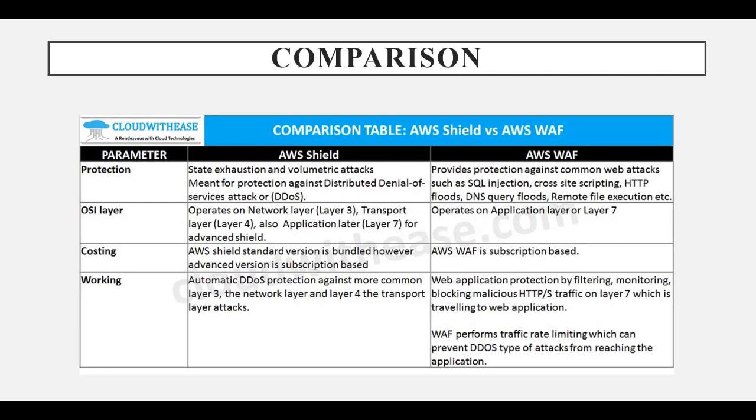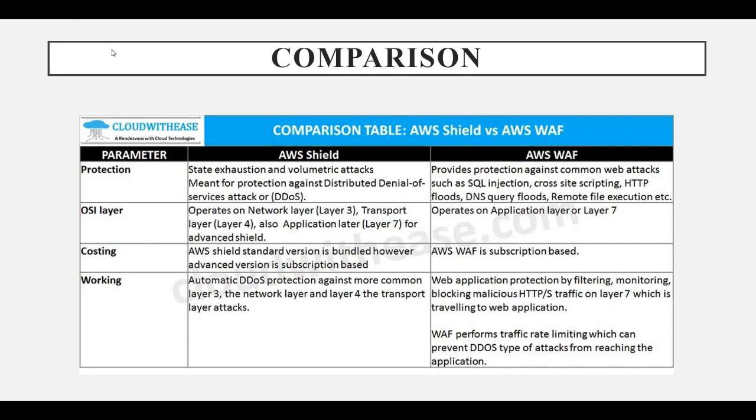This is the comparison between AWS Shield and AWS Web Application Firewall: the layers, the costing, and how they work. So this is all about the theory part of AWS Shield and AWS WAF.